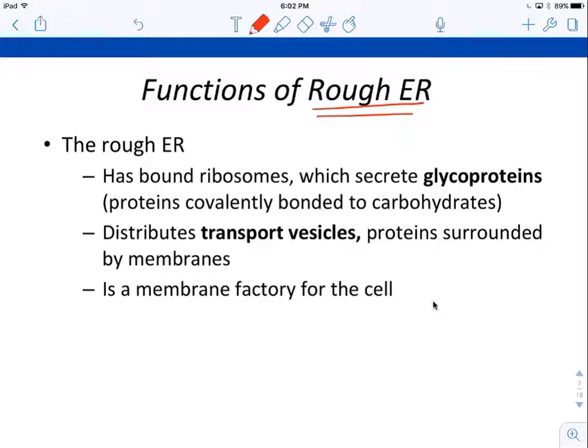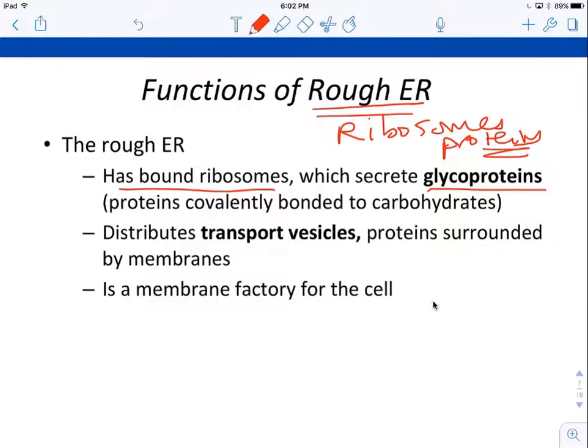Now we've got the rough ER. Because the rough ER has ribosomes, it, of course, plays some kind of role in making proteins. The rough ER has bound ribosomes which secrete glycoproteins, proteins covalently bonded to carbohydrates.